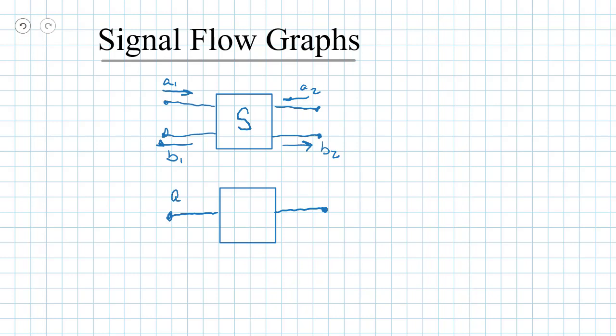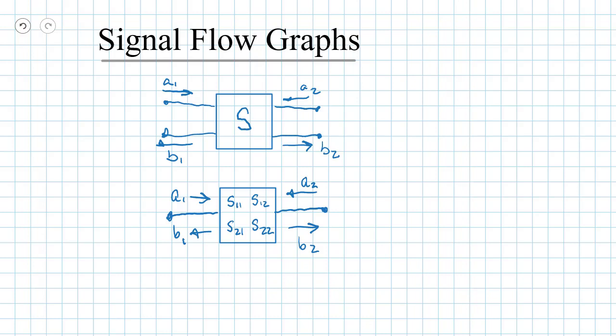And you'll still have your A wave and B wave on each side. And let's draw, in this case, the S parameters individually. So we've got S11, S21, S12, and S22 for our S parameters.